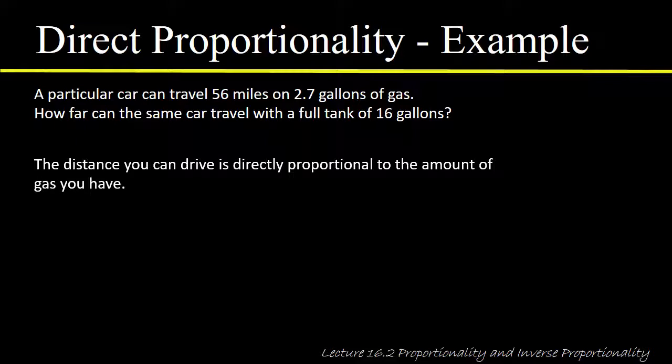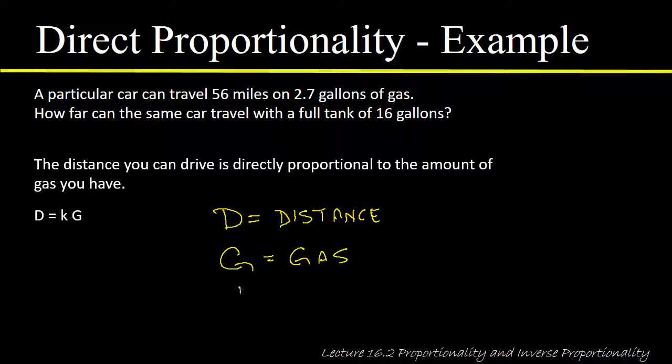So if that's the case, then we know that the distance is directly proportional to the amount of gas. And if the distance is directly proportional to the amount of gas, then we could write a simple equation like this, where D stands for the distance and G stands for the amount of gas we have, and K is some constant that we don't know, but which we can figure out if we need to.